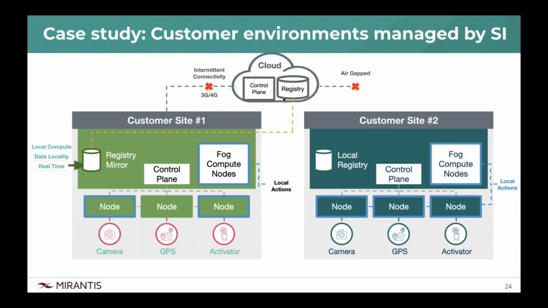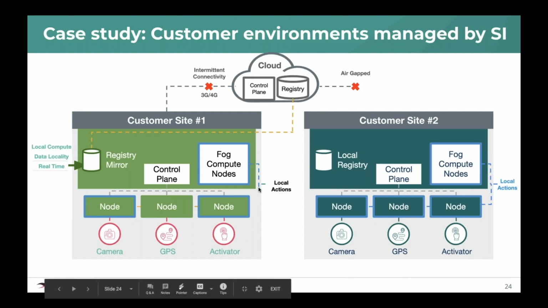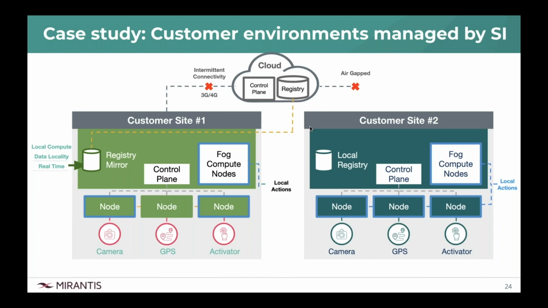So if you replicate what you have up in the cloud onto the site, this is what it would look like. You would end up with a registry that is either a mirror image of what's in the cloud, receiving specific applications that are applicable to this environment, or they could be cached, but more cases than not, they're a mirror image. In the case where you're air gapped, you simply carry those images by hand with a mobile device or a USB stick or something like that, and you drop them into your local registry.